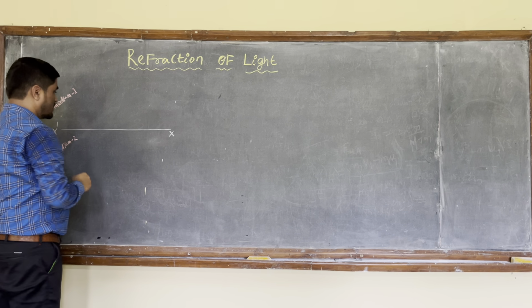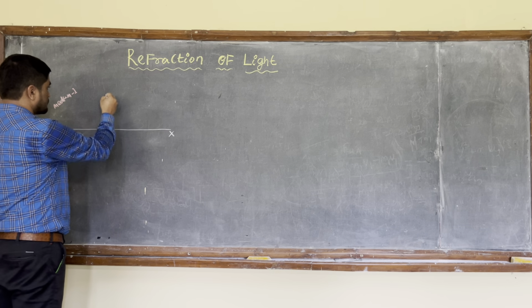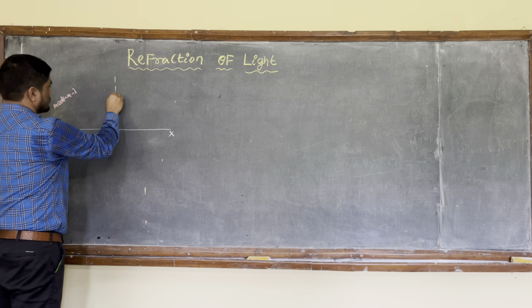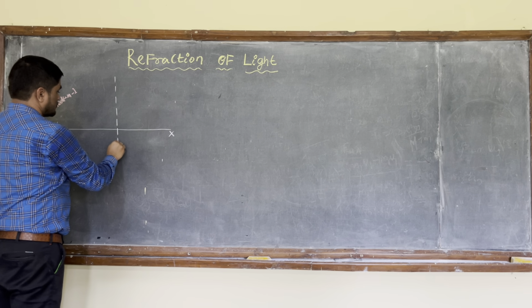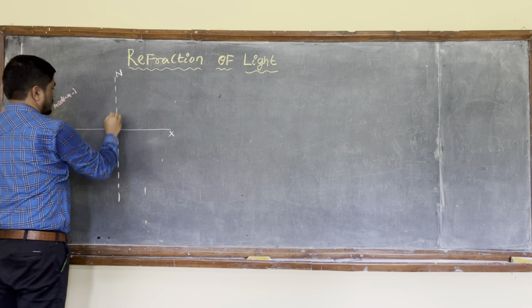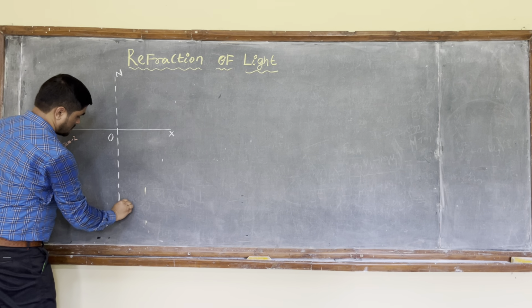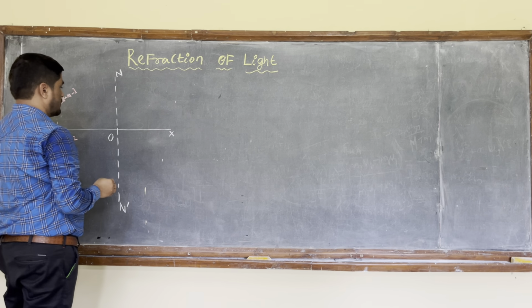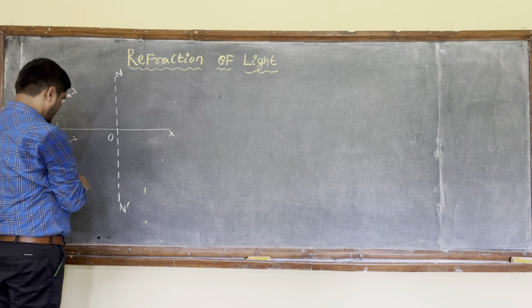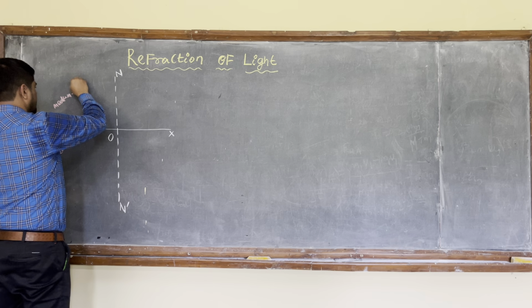X dash separates the two media, and N O N dash is the normal, and here one ray is incident at O.